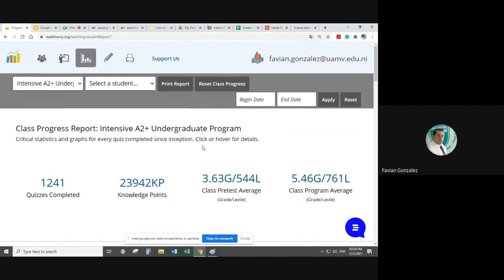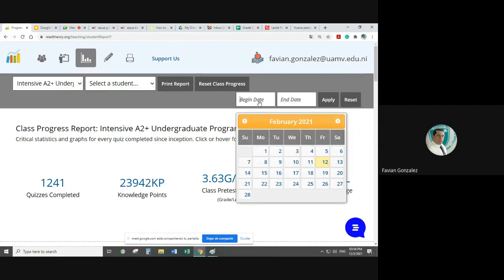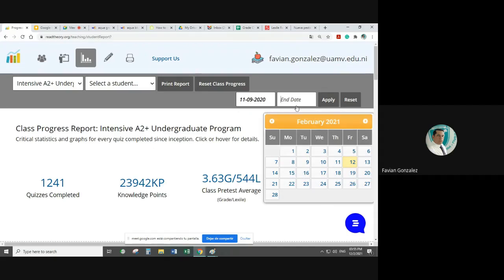Before reading any of these figures and numbers, we need to set the range of the dates when this course took place or is taking place. In this case, particularly, the first day of this course was November 9th, and it finished on December 11th.